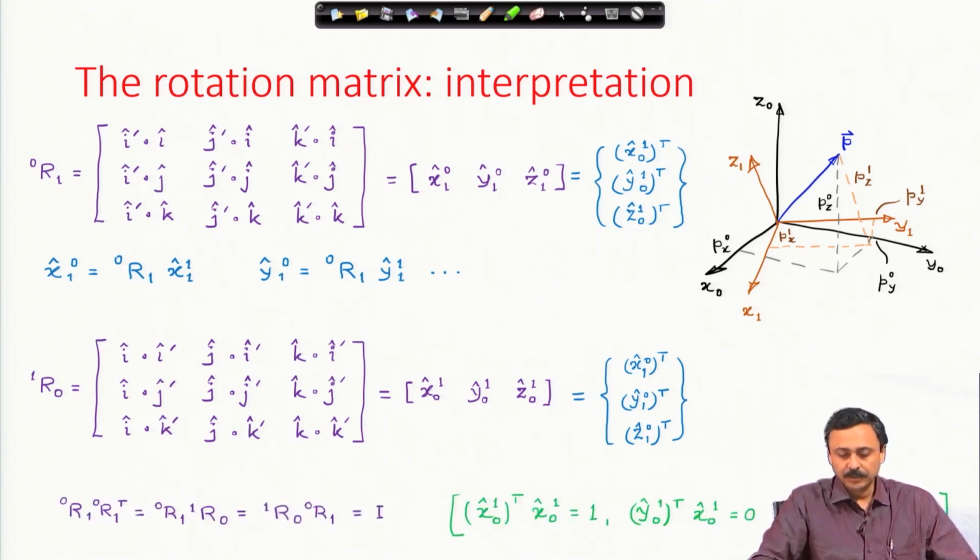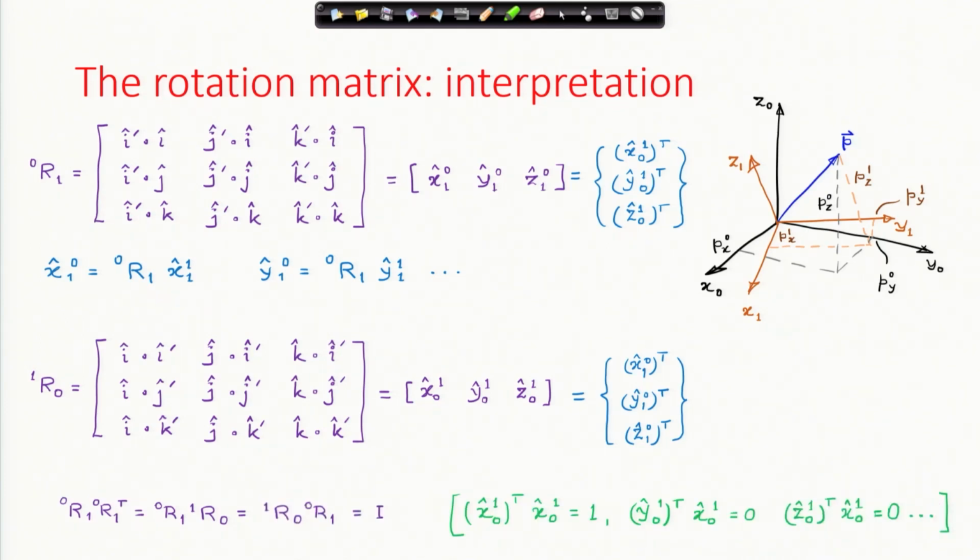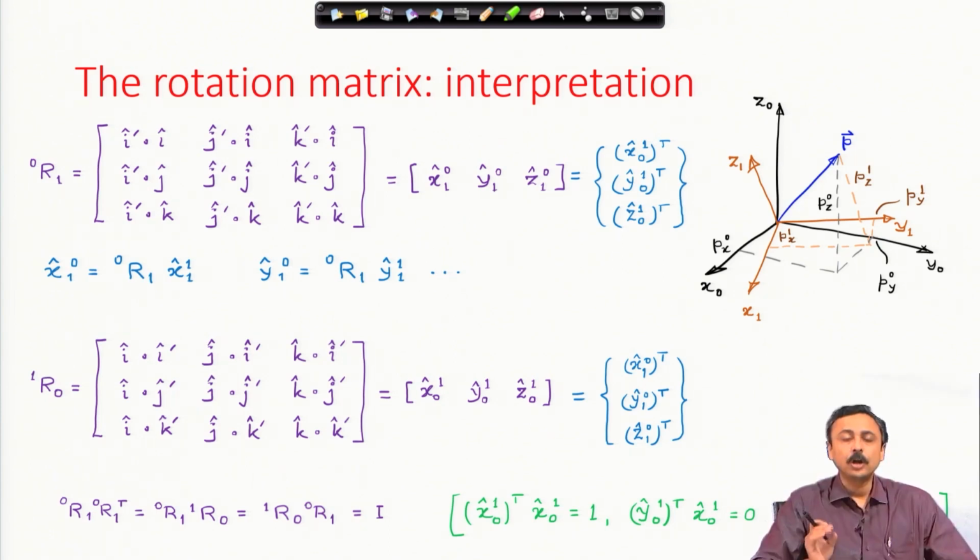This we have seen, we have looked at orthonormality. The dot product of any two different columns is 0, the dot product of any two different rows is 0, the dot product of a column with itself is 1, the dot product of any row with itself is 1. And there is another thing, the determinant of these matrices will be 1 as per our usage of right handed coordinate system.